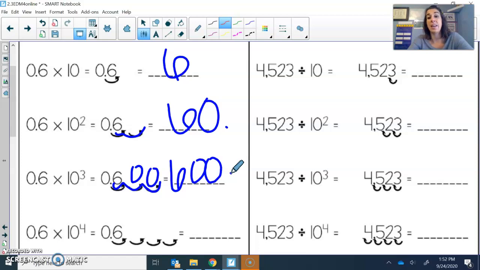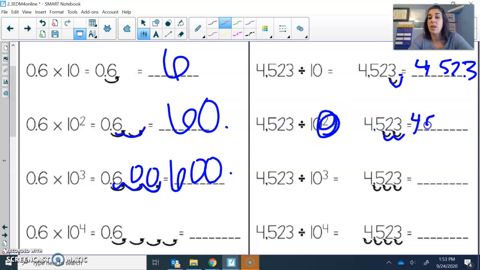What if I'm dividing? I have 4,523 divided by 10. So I'm moving that imaginary decimal point 1 place value to the left. So my answer is going to be 452 and 3/10. If I'm dividing by 10 squared, my decimal point is going to move 2 places.